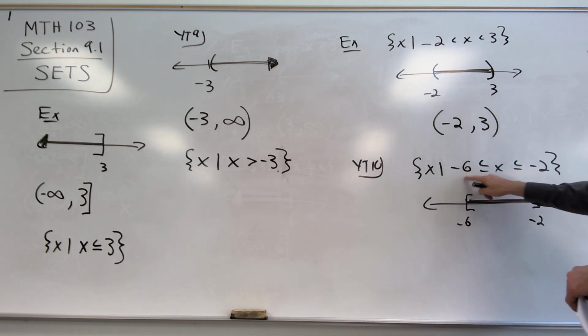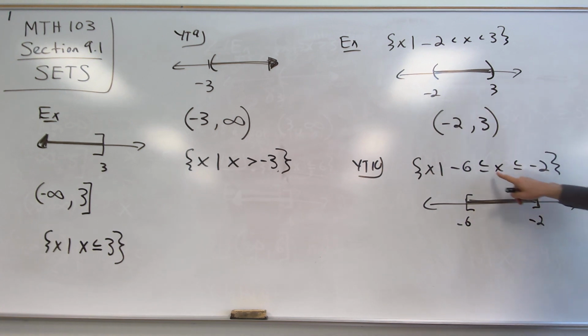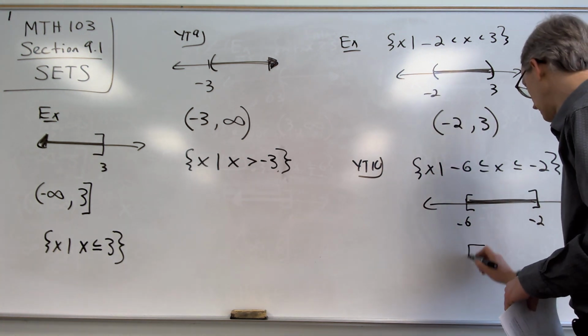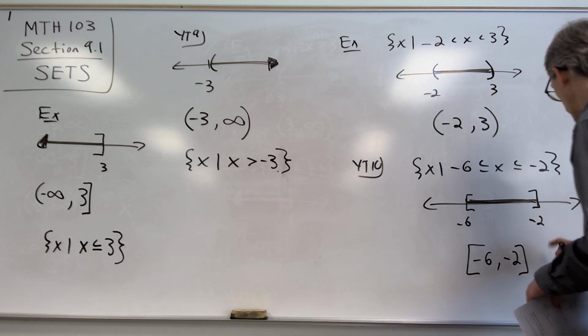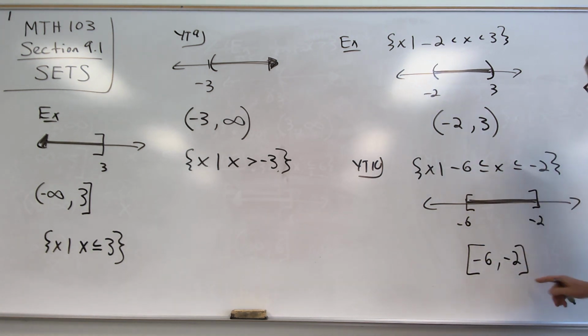So we got all numbers between -6 and -2. Less than or equal to corresponds with a bracket. So brackets on both sides. And then interval notation is just like the graph, -6, -2, same numbers, same symbols.